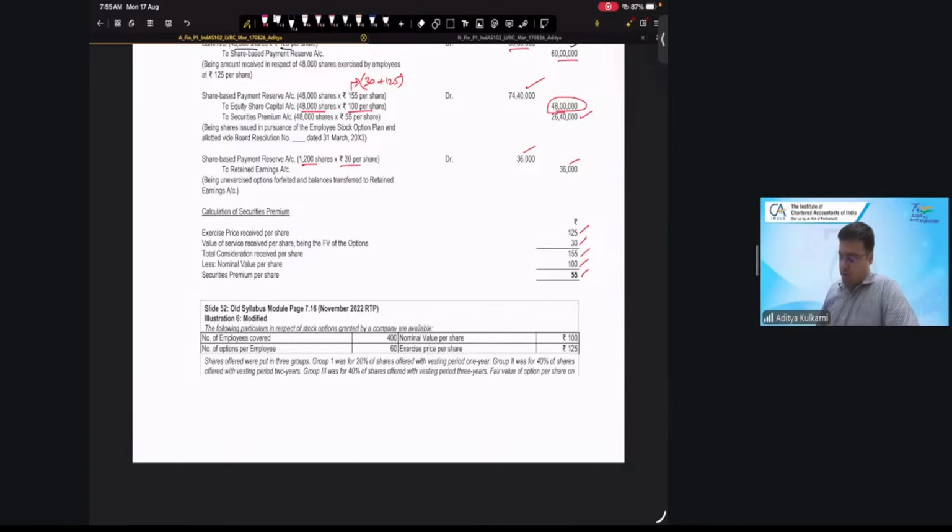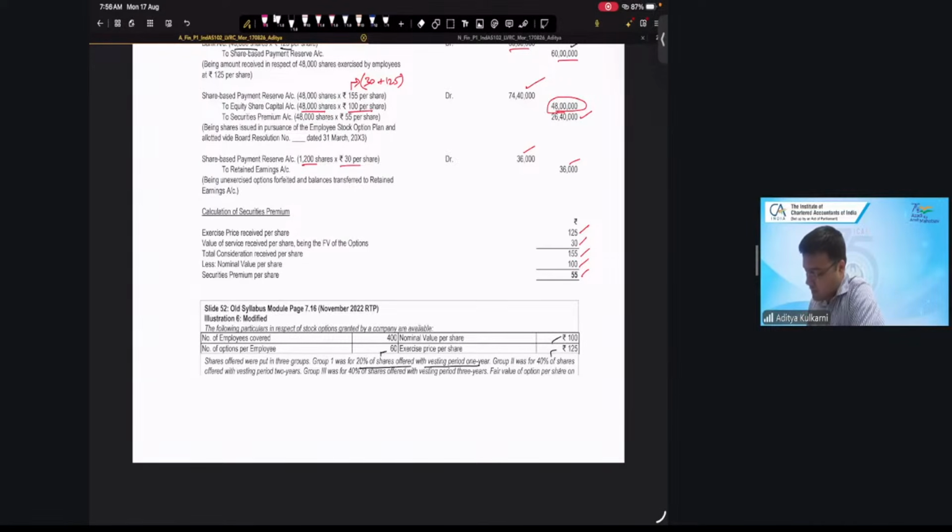So the following particulars in respect of stock options are available. Number of employees covered 400, options per employee 60, nominal value 100, exercise price 120. Shares offered were put in three groups. Group 1 was for 20% of shares offered with vesting period 1 year.